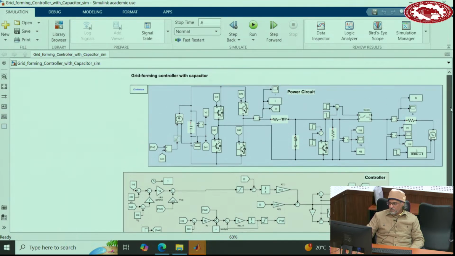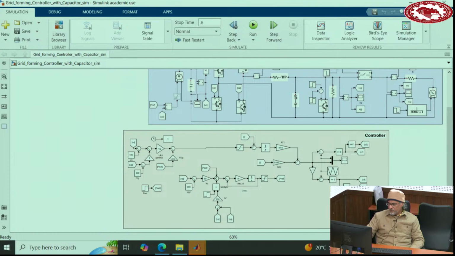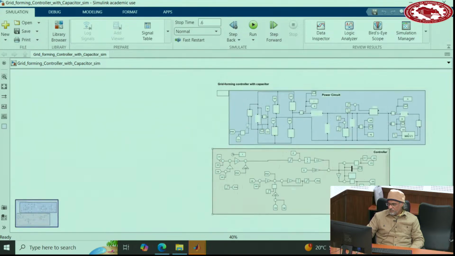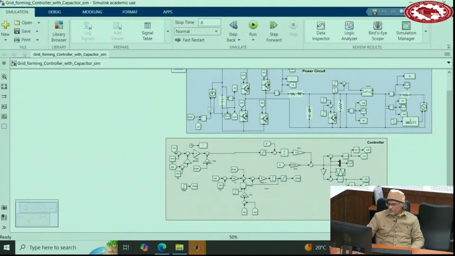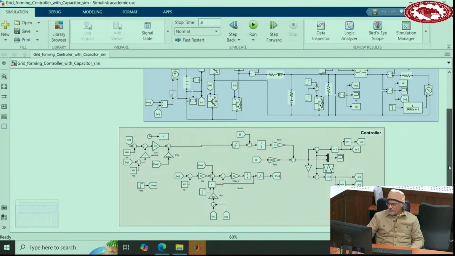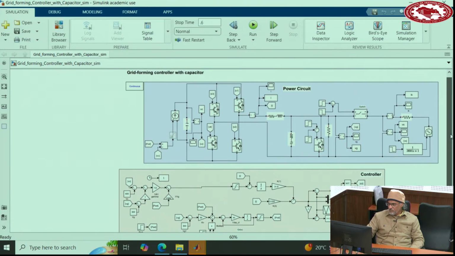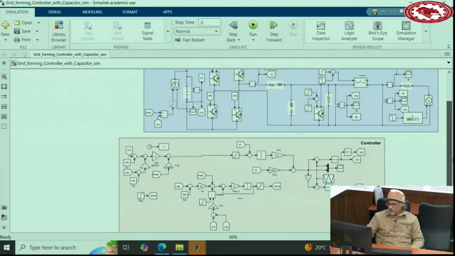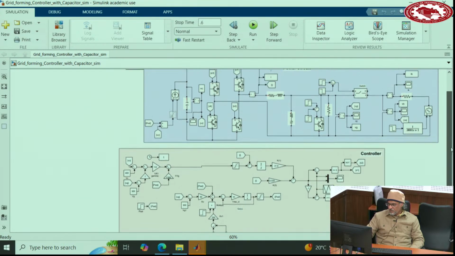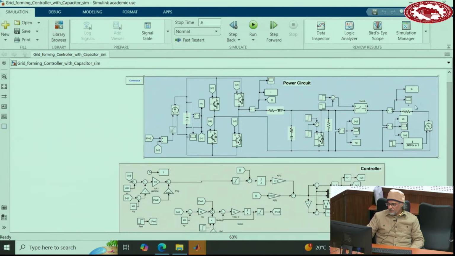All right. So there is the oscilloscope. I put separate oscilloscopes here. For instance, this is the current, this is the voltage. And these are the switches that are used to change the load.